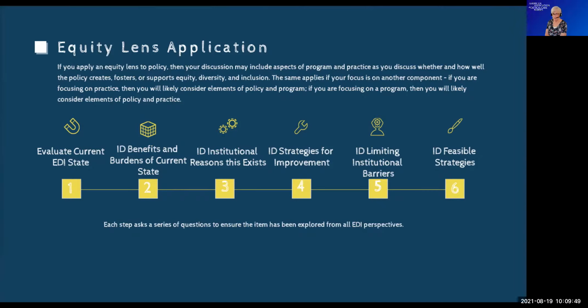Each step asks a series of questions to ensure that the item has been explored from all the different EDI perspectives. Once we've identified feasible strategies, we'll then look at what's the low-hanging fruit, or what strategies would be the easiest to implement. What are the stretch strategies that would be feasible but challenging to implement?